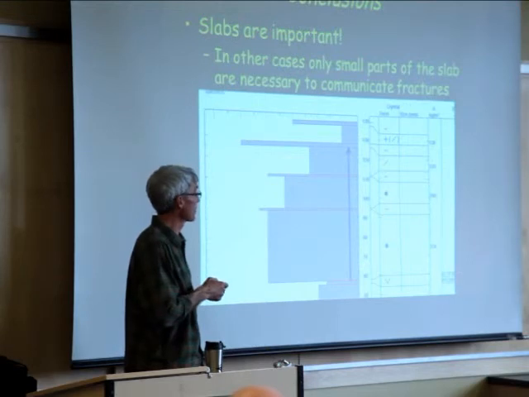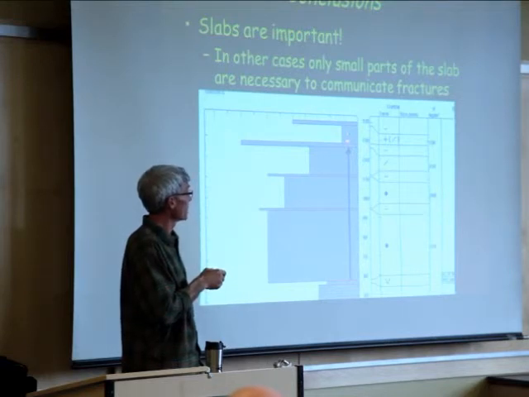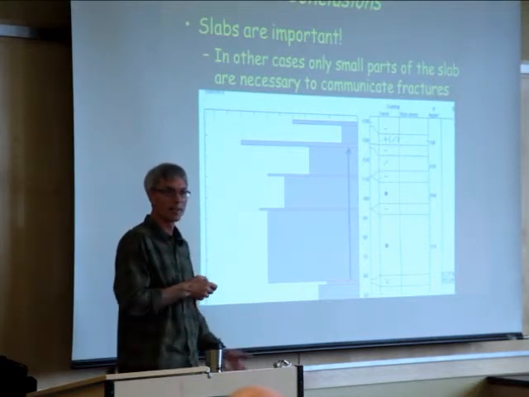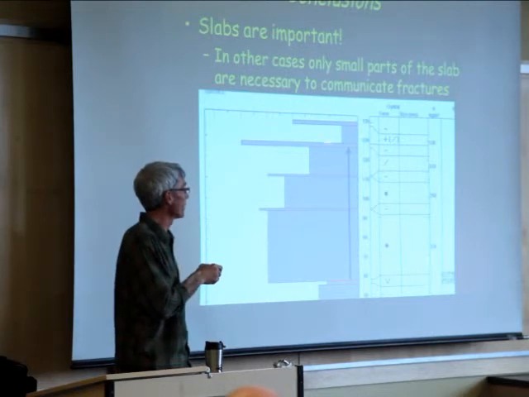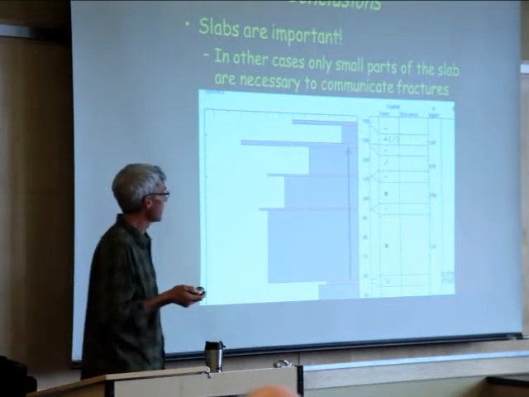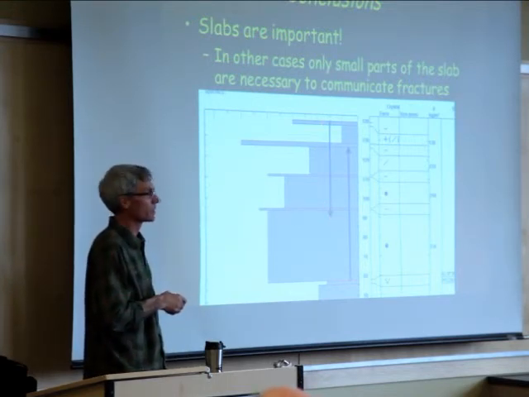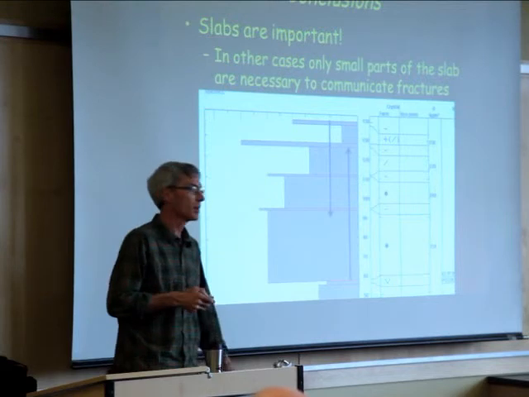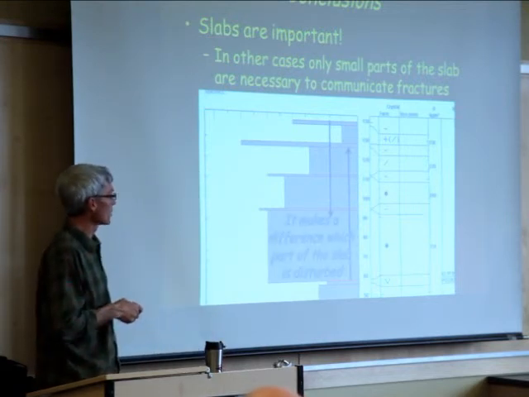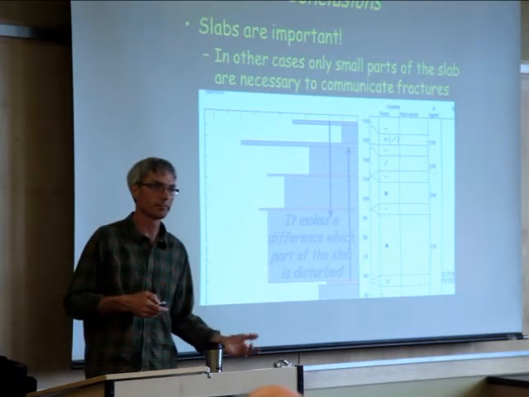That's your only significant layer. This stuff was starting to get a little damp. Well, we cut up to here and then we cut down to here and we'd get slab fracture. So this was enough to help along with that to communicate that fracture. And in the same snow pit, we could cut down to here and we could still get propagation. So it makes a difference which layers you're cutting through, and it also makes a difference which part of the slab you're disturbing.